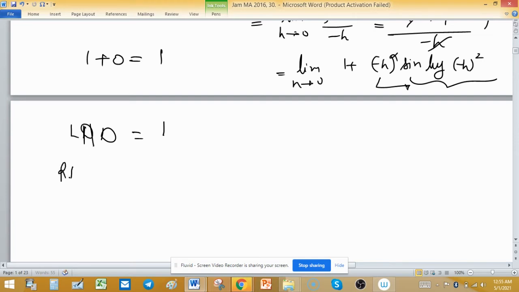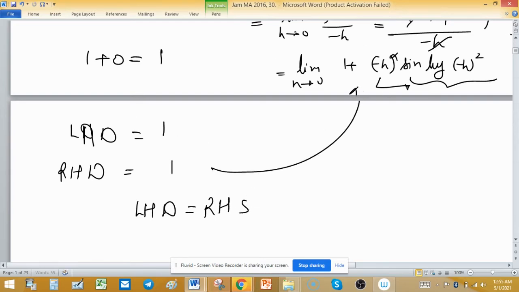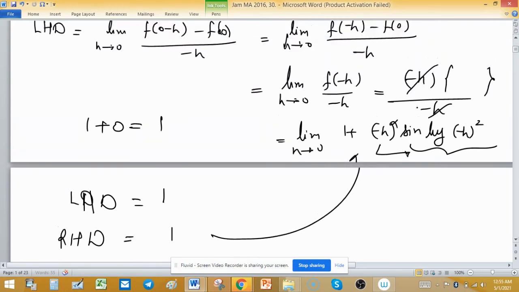Also the right hand derivative RHD will be the same, 1. You can check. LHD and RHD, we find RHD directly from this expression by replacing minus h with h, so you will get 1 again.